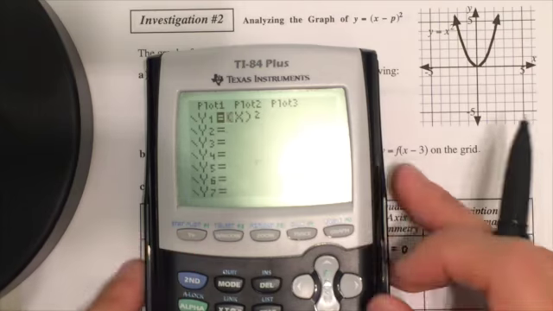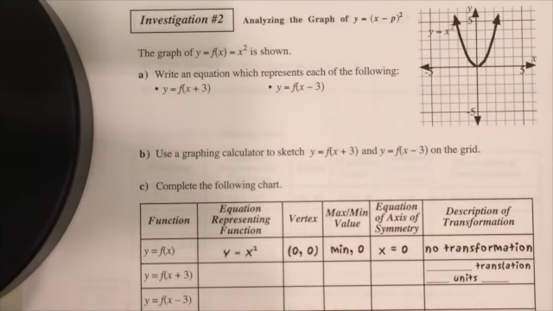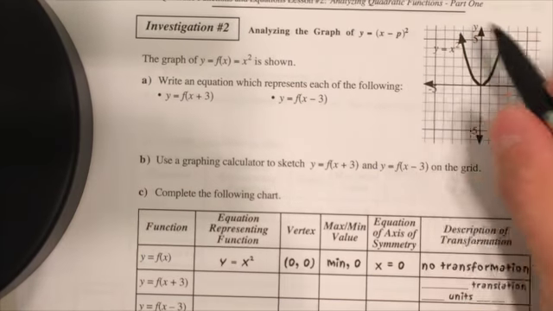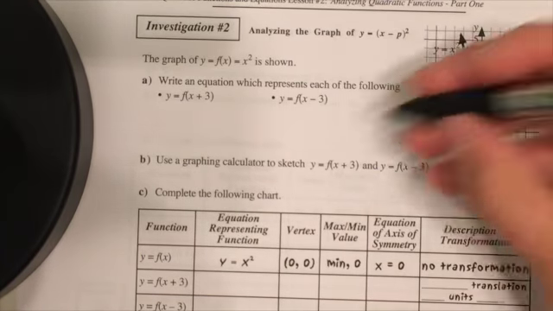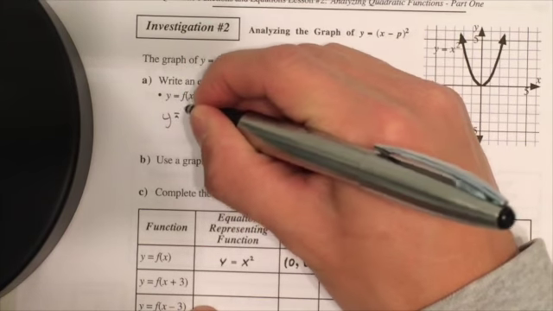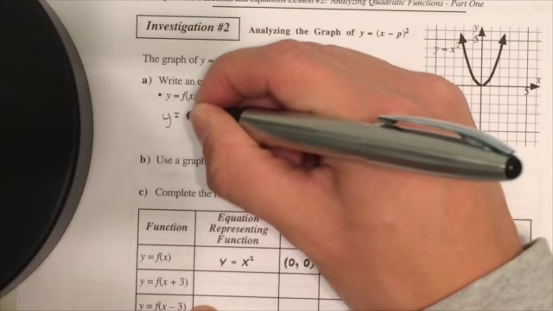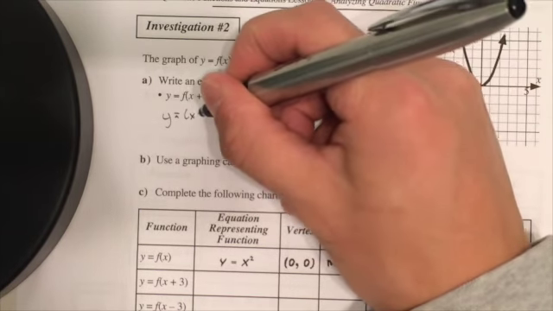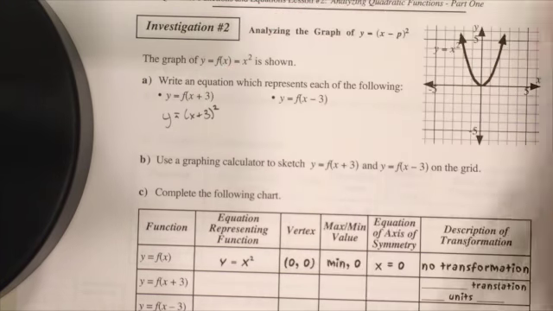But what if we have x minus p squared, where p is a variable and is going to be another type of translation? So in this case, let's look at y equals f of x plus 3. We know that f of x is x squared, so we have to write this as x plus 3 squared.